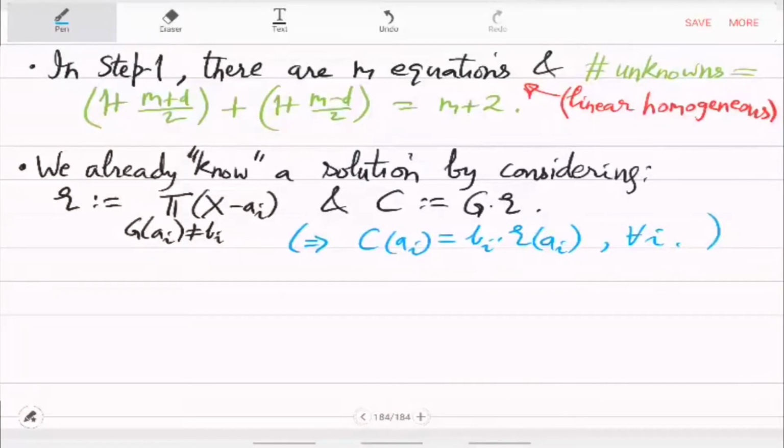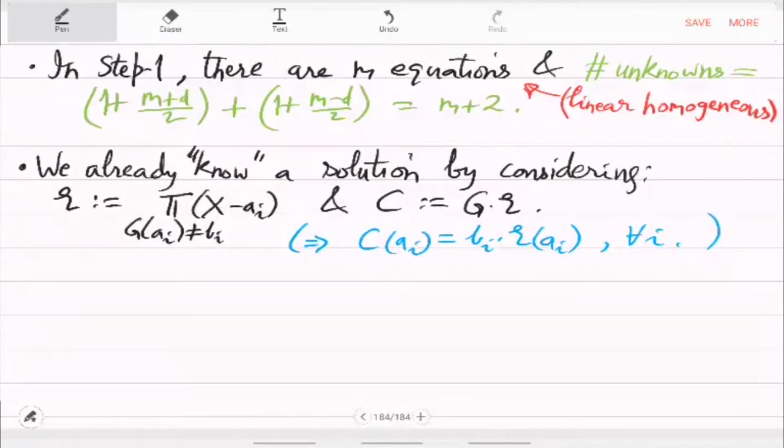So this equation is always satisfied, and that is the beauty of this idea. We already know a theoretical solution, it is a linear system, we can solve it, and we will get some solution, maybe this one or something else.